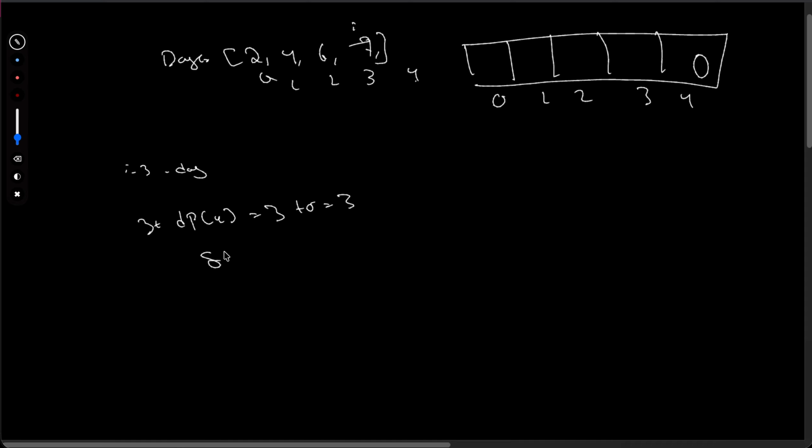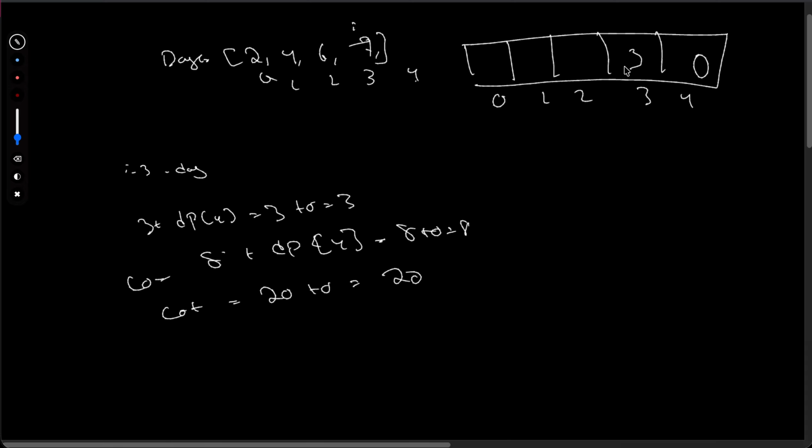So cost is equal to 8 plus dp of 4, 8 plus 0, it was 8. Option 3, 30 day pass, covers day 7 to day 36. So the next index is 4. So the cost is 20 plus 0, it was 20. So the minimum pick, dp of 3, is 3.